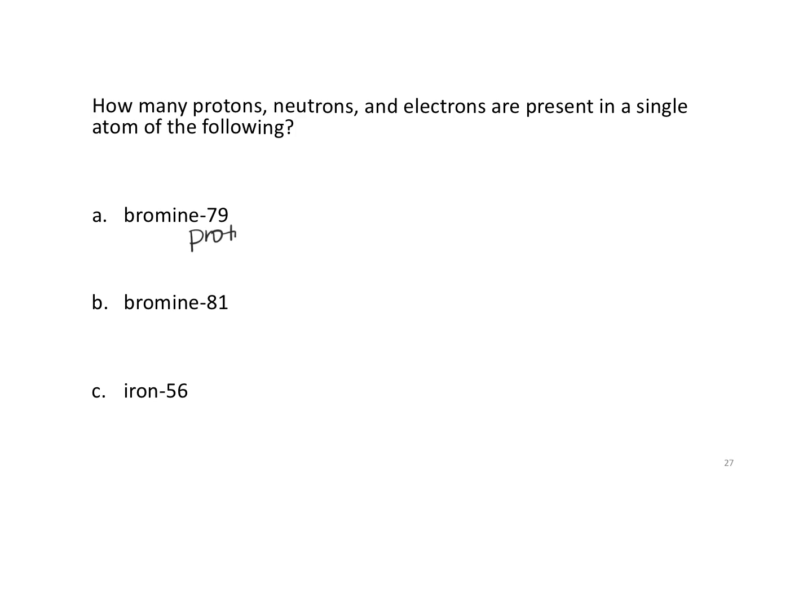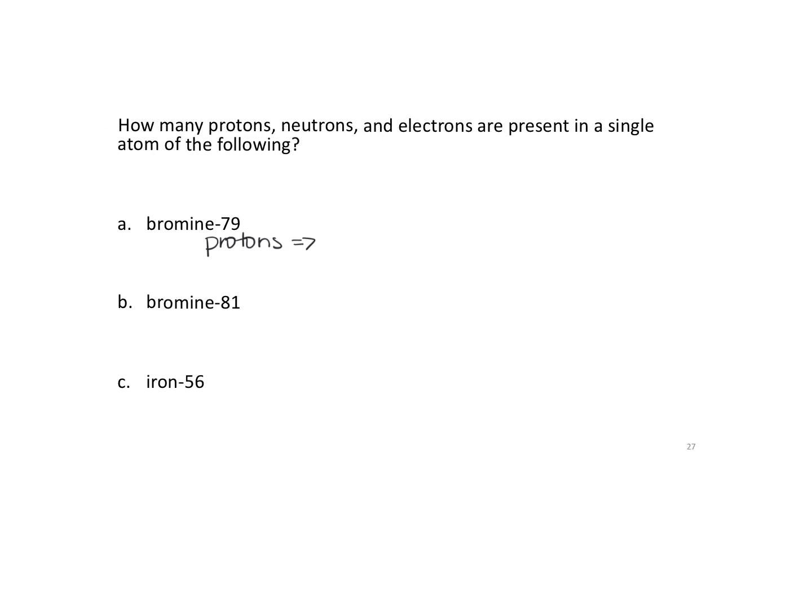To figure out the number of protons, we need to go to the periodic table and look at bromine. We see a 35 there for the atomic number, and this is the number of protons. So there are 35 protons there.